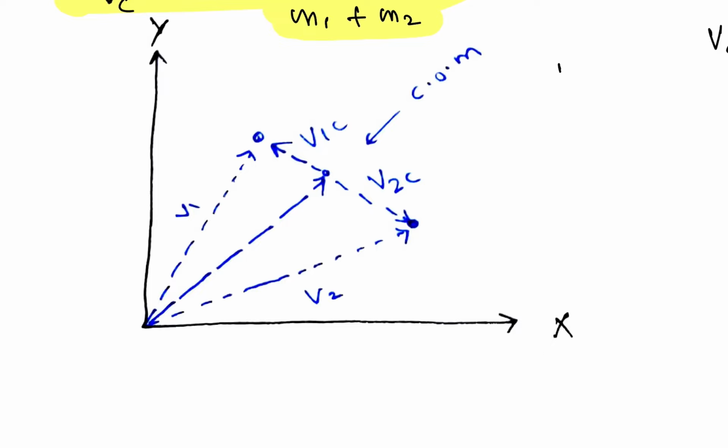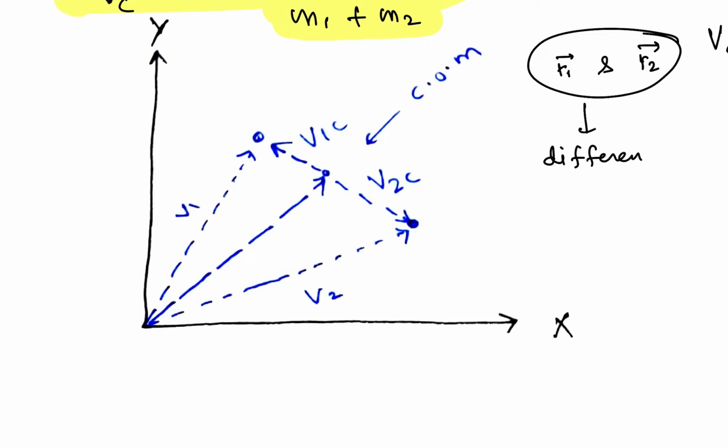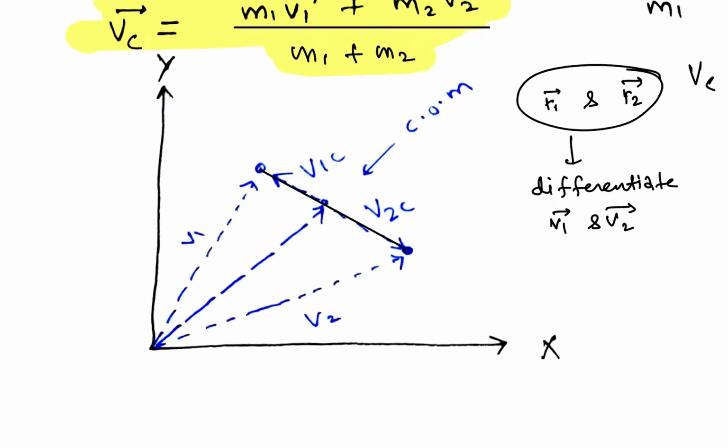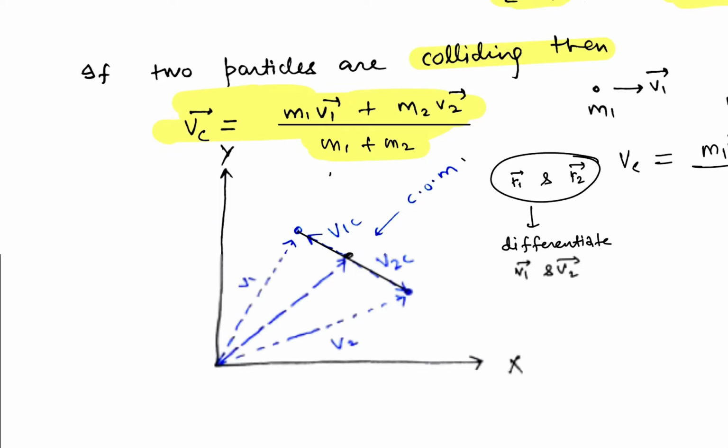Obviously you know the positions R1 and R2, and once you know R1 and R2, you can differentiate to get V1 and V2. And in between both the particles, what we will find? Center of mass. So this is the center of mass.